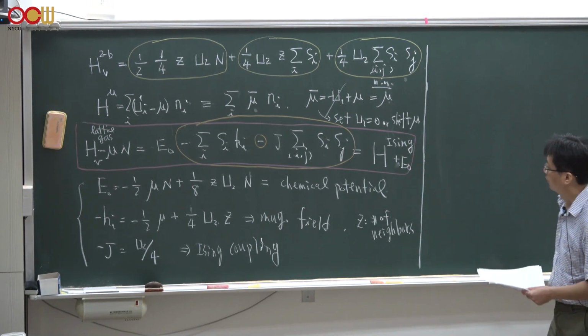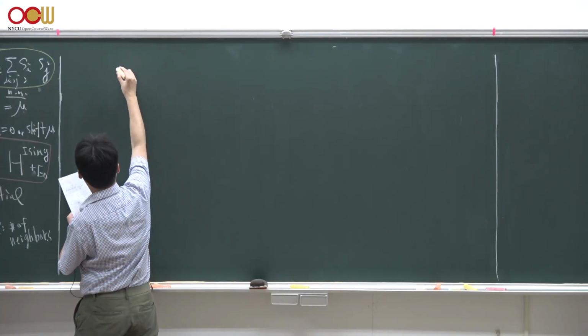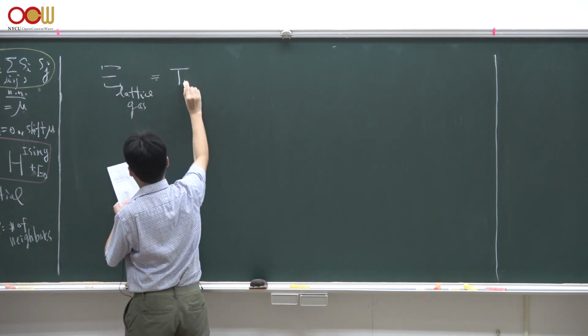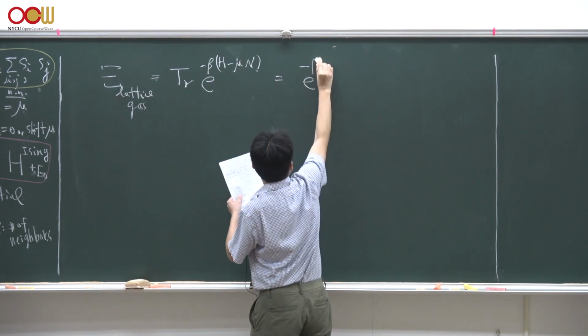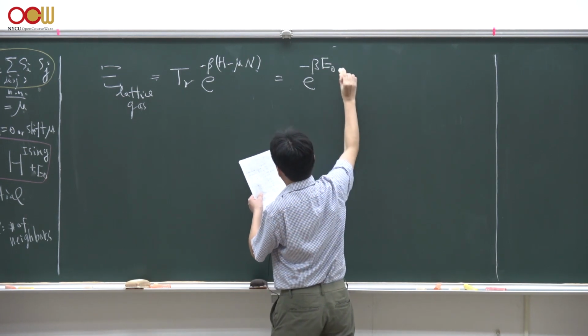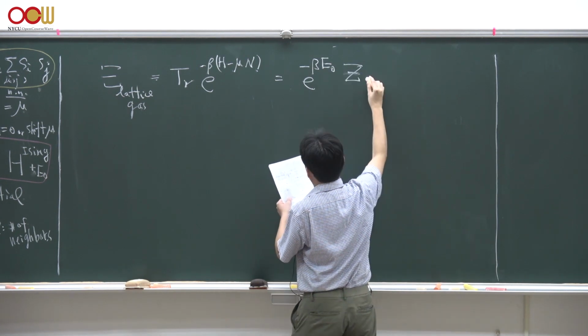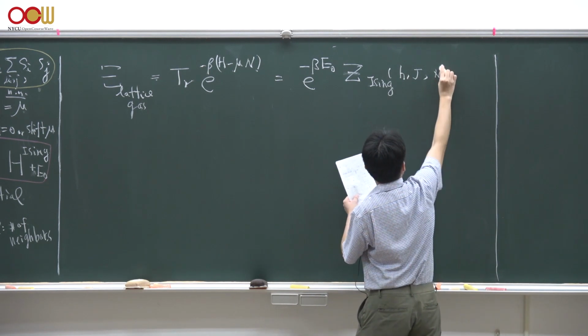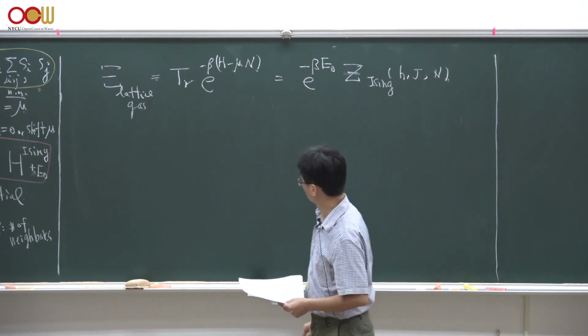So now let me link the partition function of the lattice gas model to the Ising model. E to the minus beta E0 times the partition function of Ising, with field, exchange coupling, and number of particles.